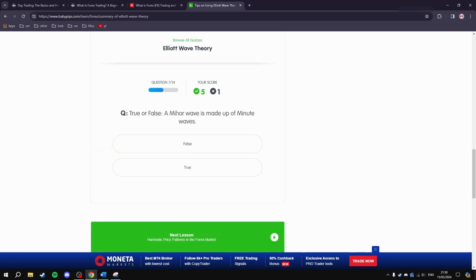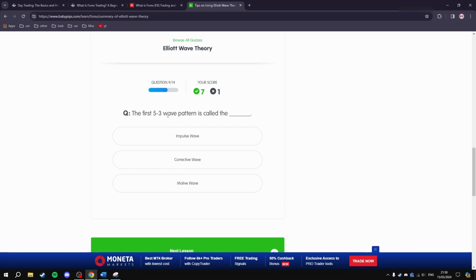True or false? A minor wave is made up of minute waves. True. True or false? Triangle ABC corrective patterns are simple sideways corrective waves. It's false, isn't it?